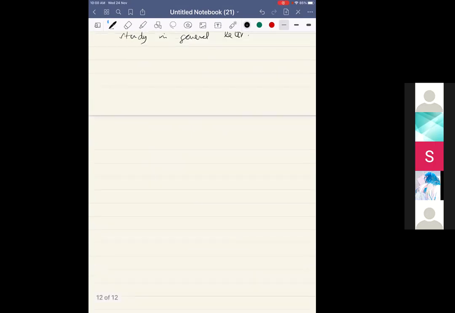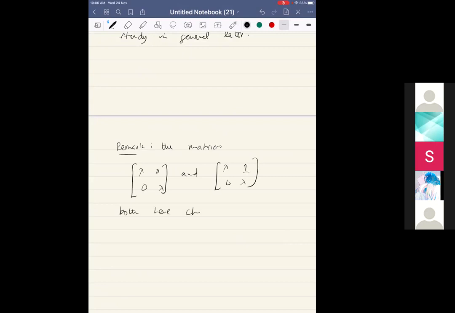Remark: the matrices lambda, lambda, 0, 0, and lambda, lambda, 1, 0, both have characteristic polynomial T minus lambda squared, but they are not similar.